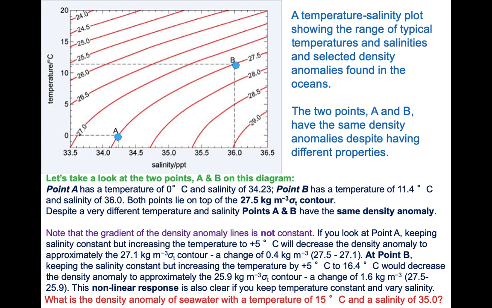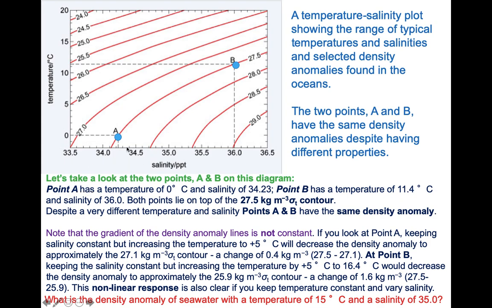So we have another example here of two different waters with totally different salinity and temperature properties, as you can see, but they have the same density. So let's take a look at these two points again.